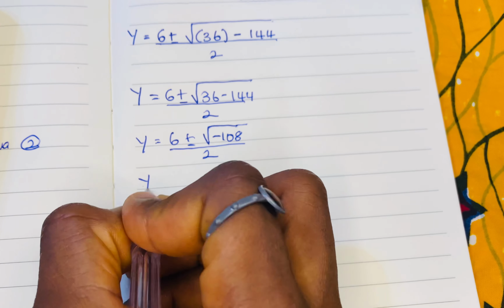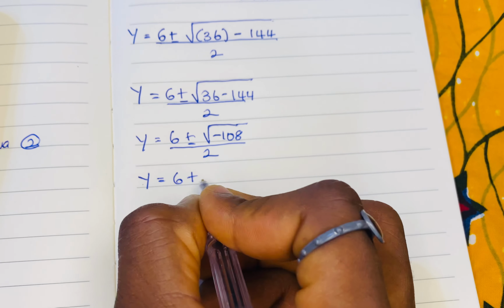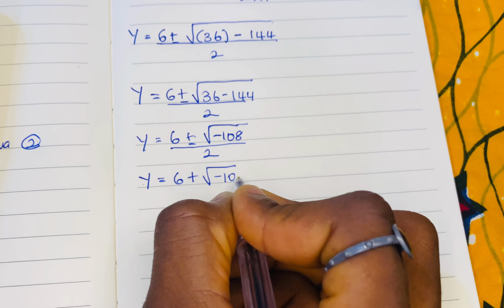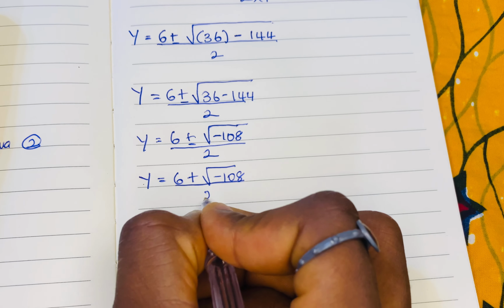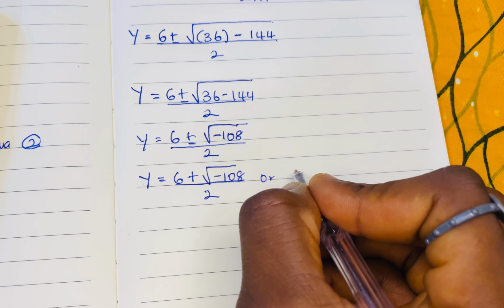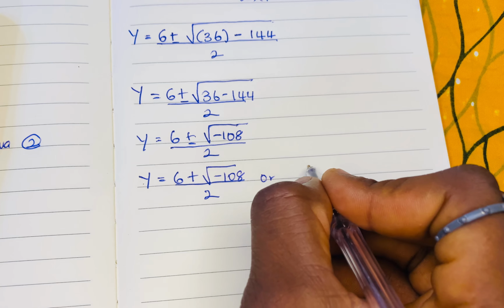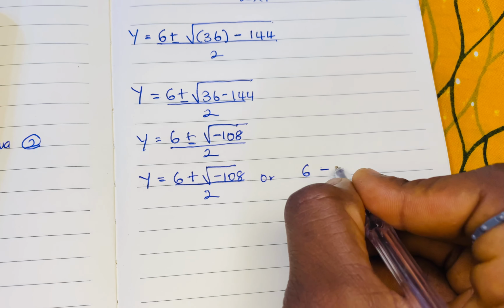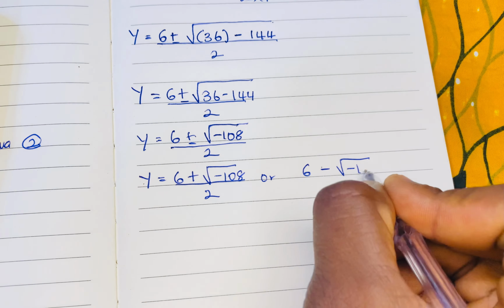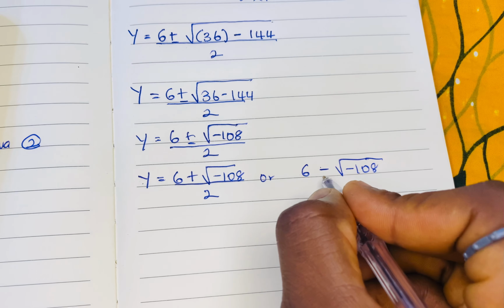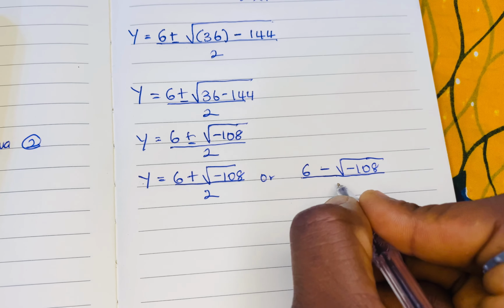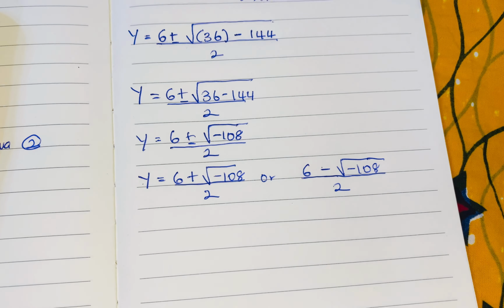So we are going to have y is equal to 6 plus the square root of negative 108 all over 2, or y is equal to 6 minus the square root of negative 108, all over 2. Hope you can see it.